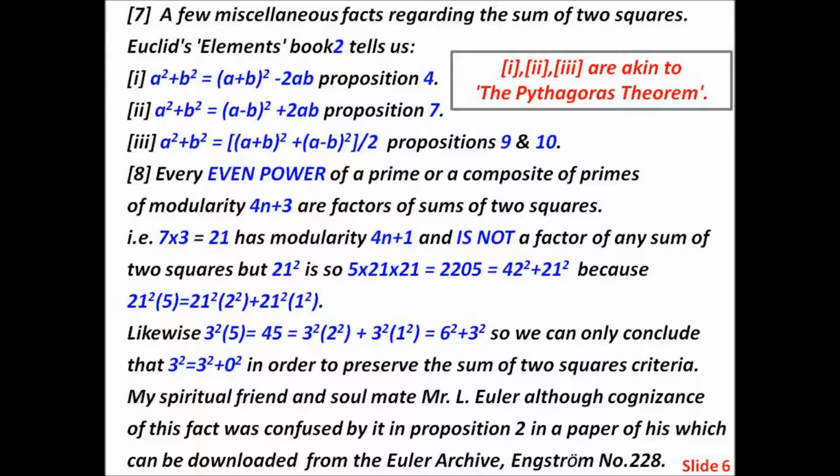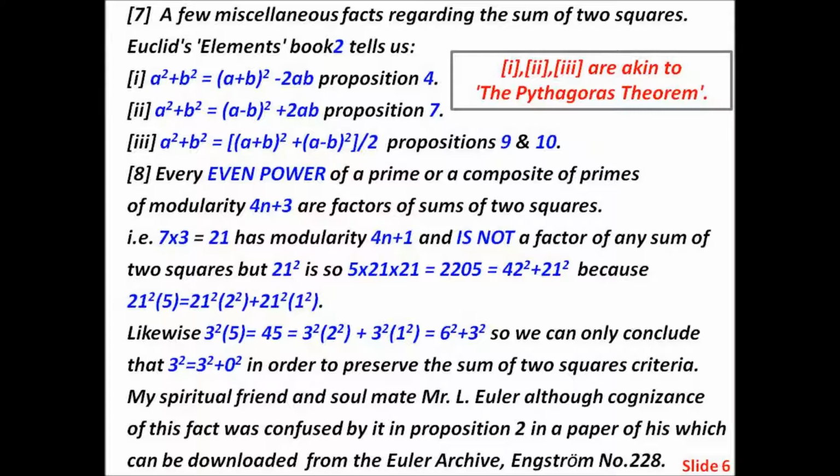Propositions 9 and 10. 8. Every even power of a prime, or of a composite of primes, of modularity 4n plus 3 are factors of sums of two squares, i.e. 7 times 3 equals 21 has modularity 4n plus 1 and is not a factor of any sum of two squares, but 21 squared is.